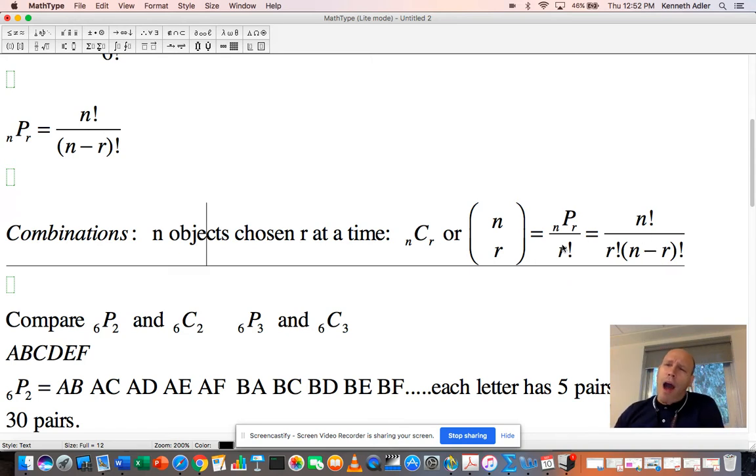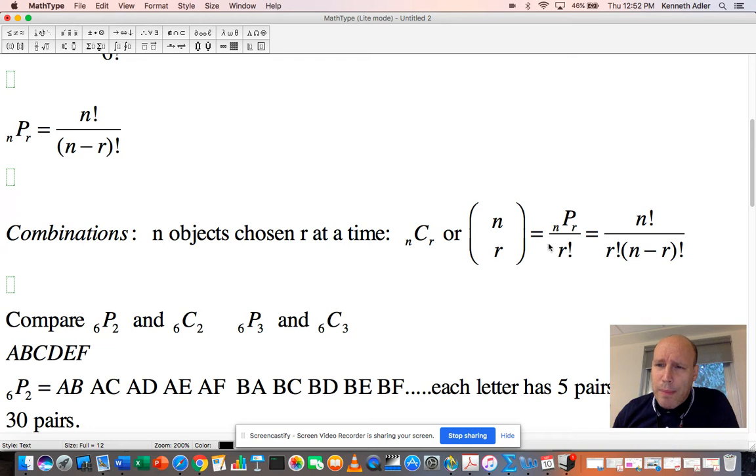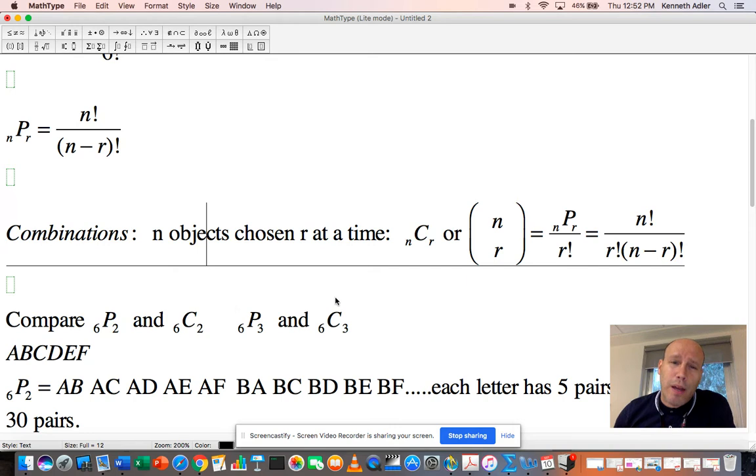Now, I want to talk about why we're dividing by r factorial. So we're going to compare 6P2 and 6C2, and then 6P3 and 6C3.